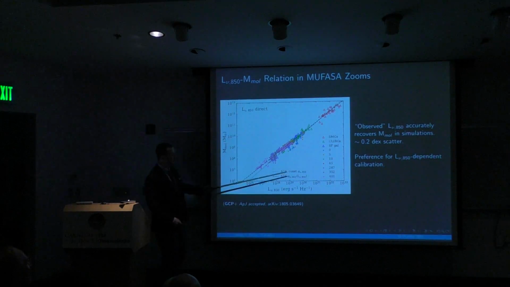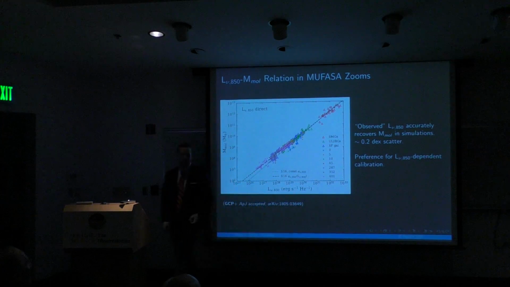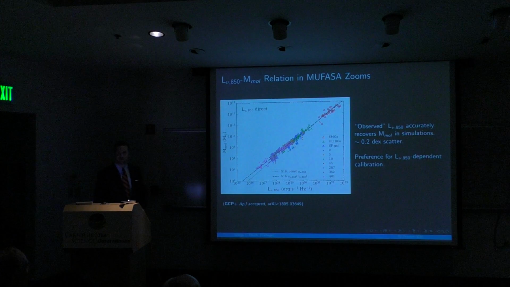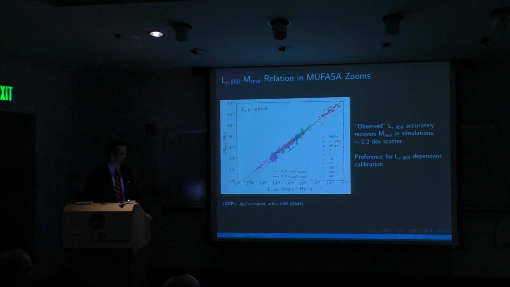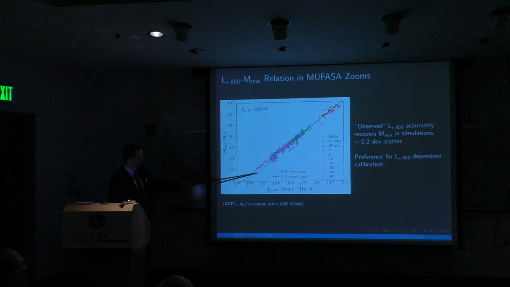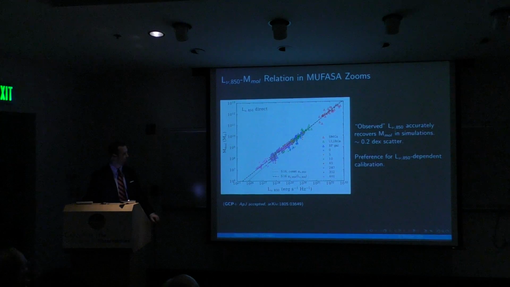In our simulations, the observed 850 micron luminosity recovers the molecular mass to within about 0.2 dex, which is really quite pleasant for how much faster and easier it is to do dust continuum. We have a slight preference for this luminosity-dependent calibration versus a purely constant calibration, but that's kind of a low-level thing.